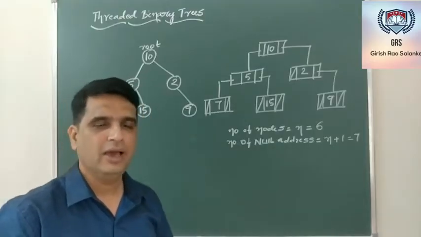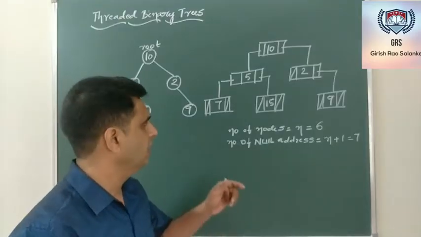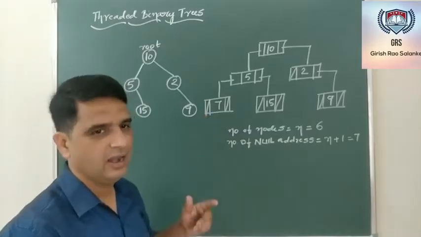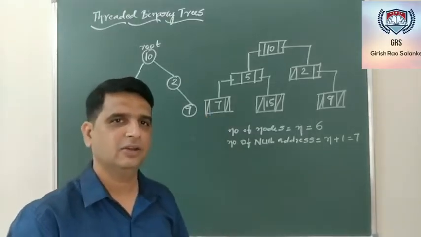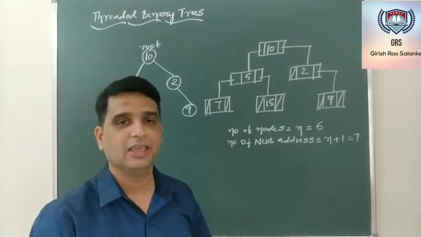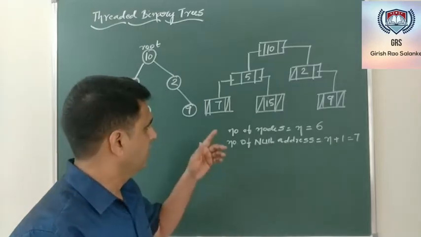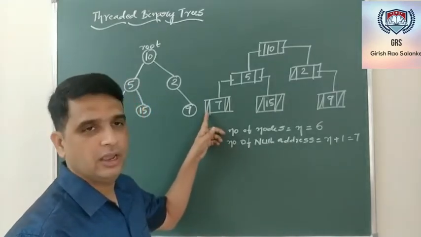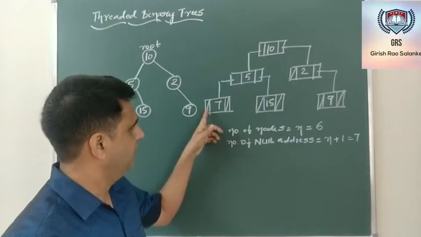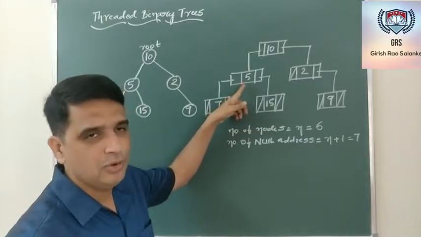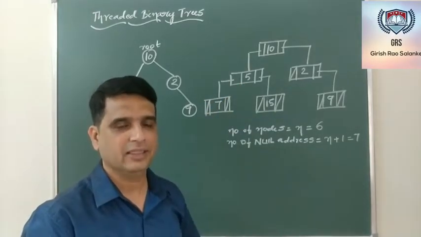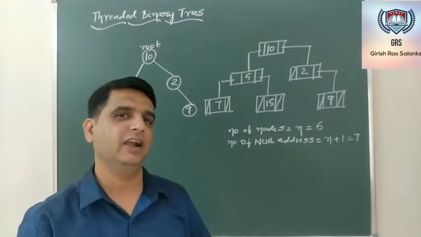Now what we can do is, rather than storing the address field as null, we will store the address of some node in the binary tree. Such a binary tree is called a threaded binary tree.